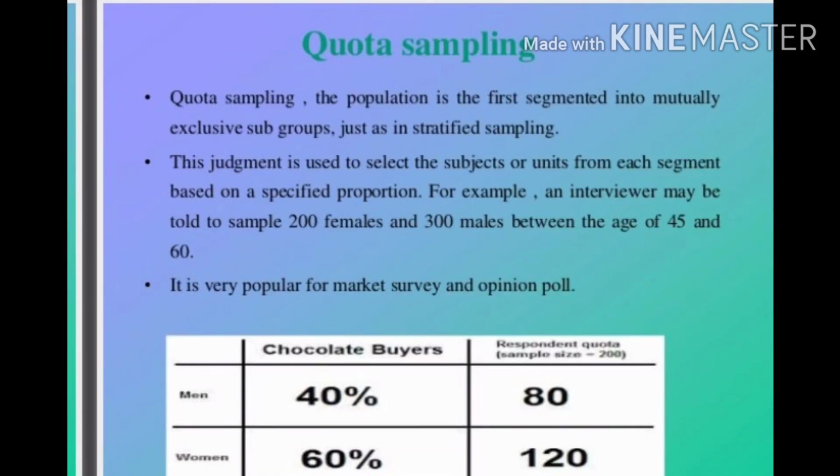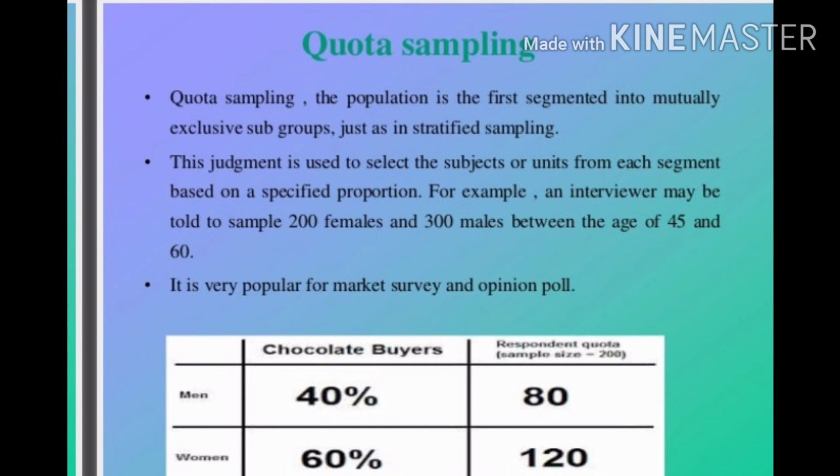Quota sampling. The population is first segmented into mutually exclusive subgroups, just as in stratified sampling. Then judgment is used to select the subjects or units from each segment based on a specified proportion. For example, an interviewer may be told to sample 200 females and 300 males between the ages of 45 and 60.